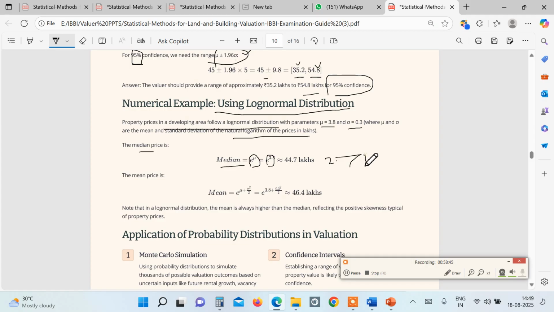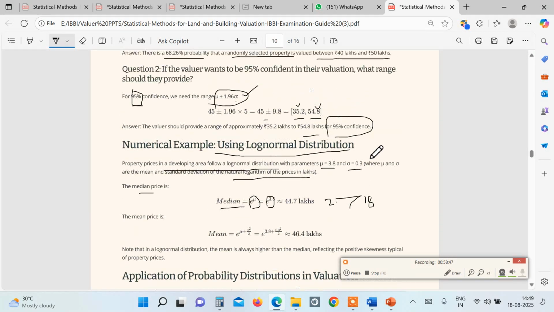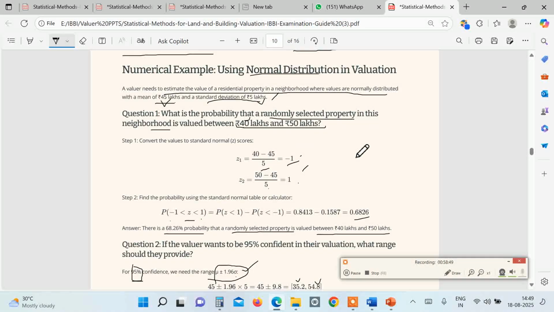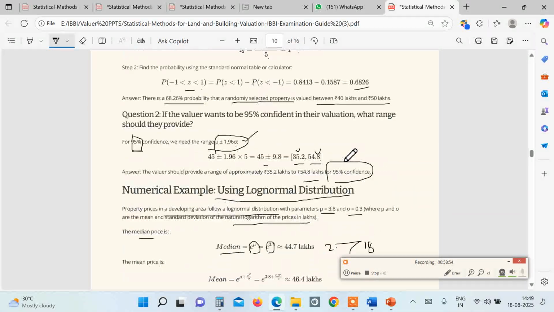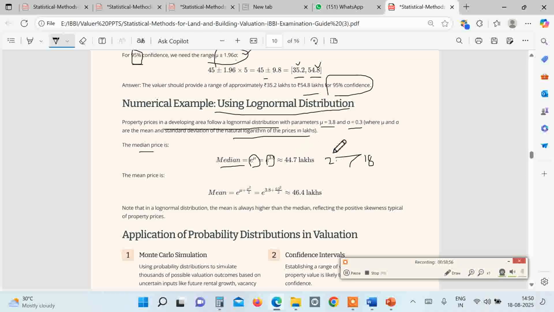I have already discussed that the value of e is 2.718, raised to power mu, which is 3.8, given to you. If you calculate it, its value will be 44.7. Similarly, for the mean, the formula is e raised to power mu plus sigma square divided by 2, where mu is 3.8 and sigma is 0.3. The value is 46.4.